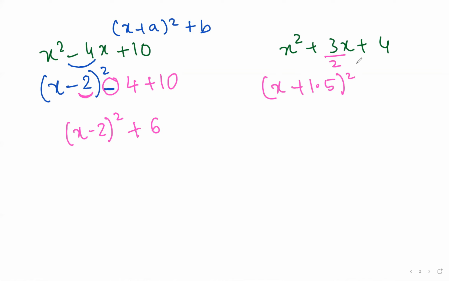Whether it is plus or minus, we will take the sign minus only. And we will take the square of this. So 1.5 squared is 2.25. So it is minus 2.25 plus 4. So here (x + 1.5)², and 4 minus 2.25 is plus 1.75. Are you all with me till here?